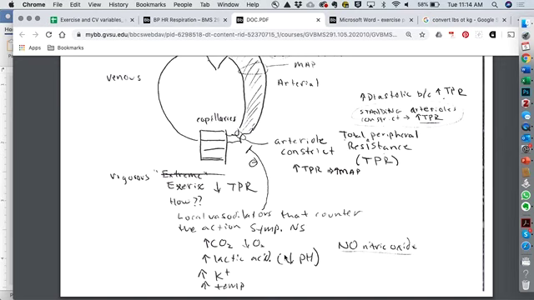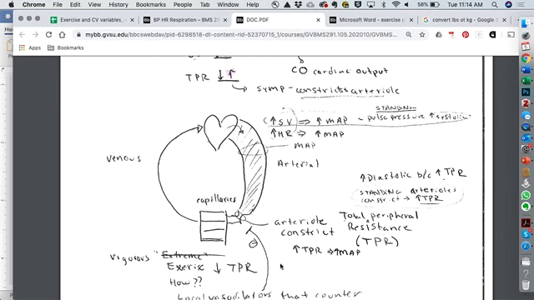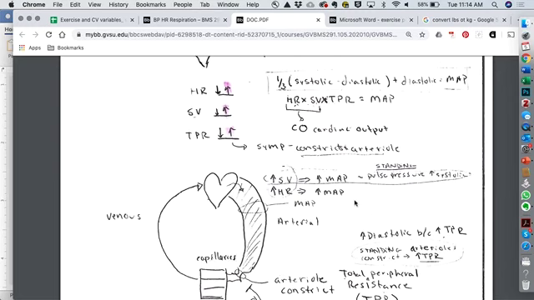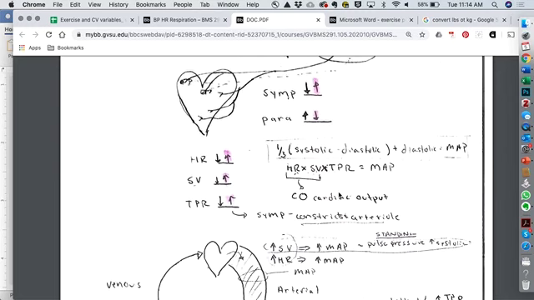If we calculated from this value right up here, heart rate times stroke volume times TPR equals mean arterial pressure, and let's pretend that we didn't change total peripheral resistance, when your heart rate increased by twofold or so, your mean arterial pressure did not increase twofold.